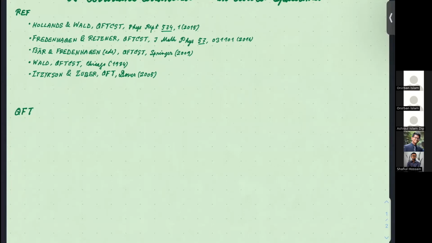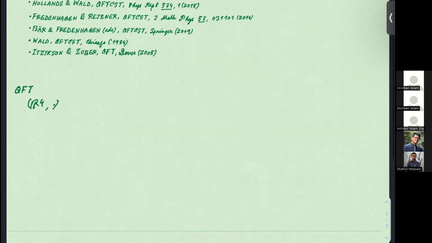So the usual setup in physics is in a Minkowski spacetime, which I just denote R4 because it's isomorphic, with a dot denoting the Minkowski scalar product.